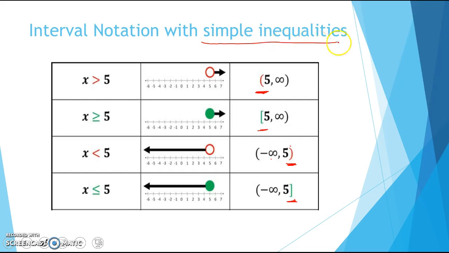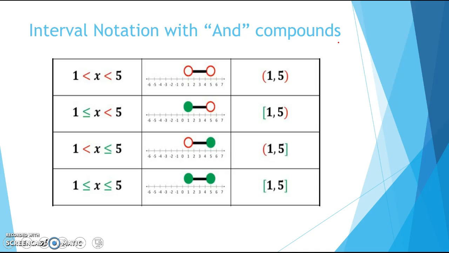That's simple inequalities. Now, if I look at compound inequalities with the word and, then it's going to look like this. If it goes from, let's say, 1 to 5, which it does in this particular graph, but doesn't include 1 and 5, then I have those parentheses for 1 and 5. If it includes 1 but not 5, then this parenthesis would change to a bracket.